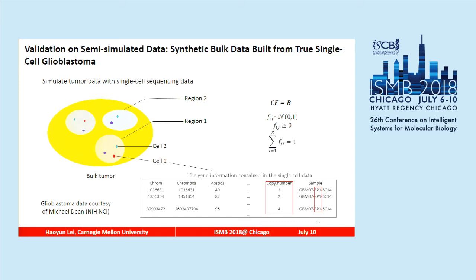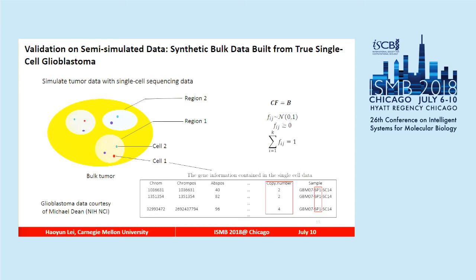With the help of our collaborator, we were able to get access to the single-cell sequencing files of glioblastoma, which is a very common brain cancer, and the single-cell files have a similar structure to that shown here. We only extracted copy number from the files to compose the cell components.